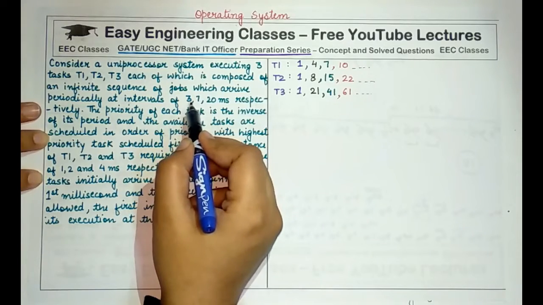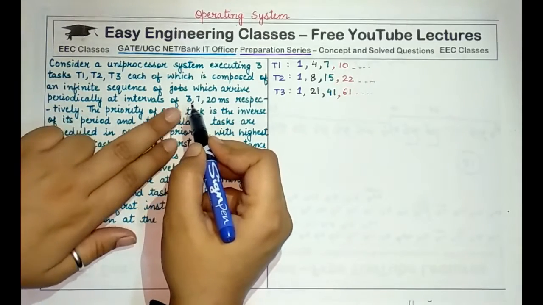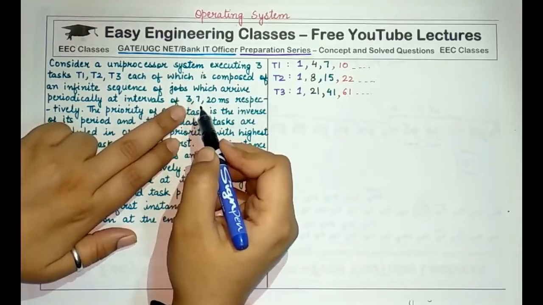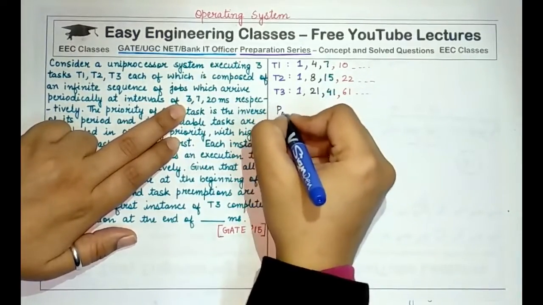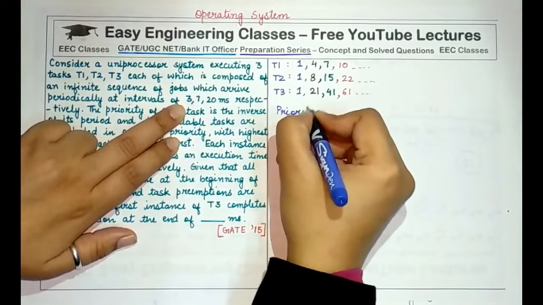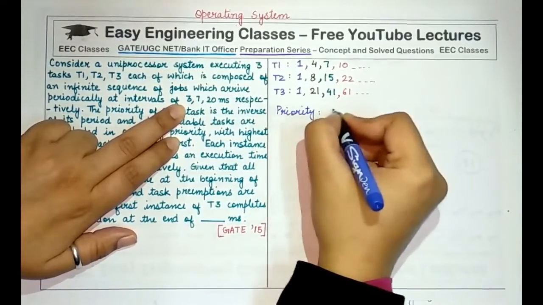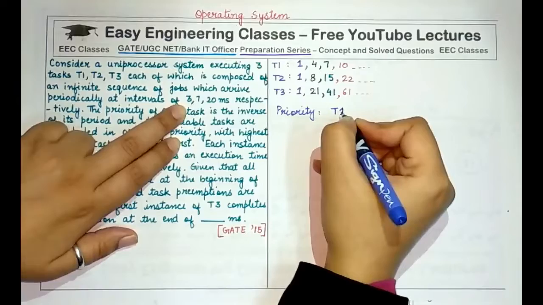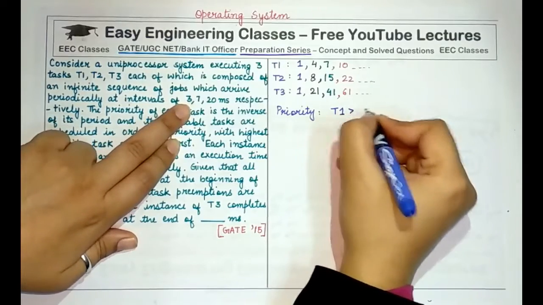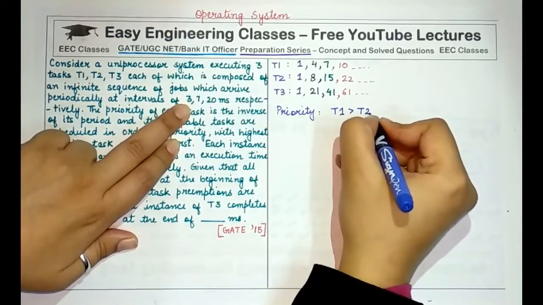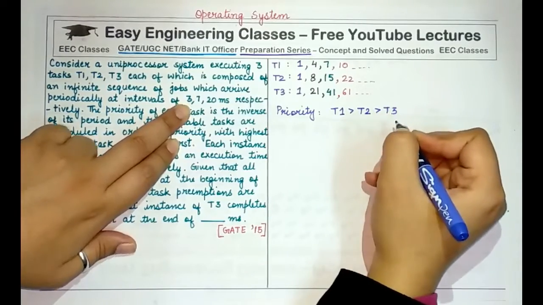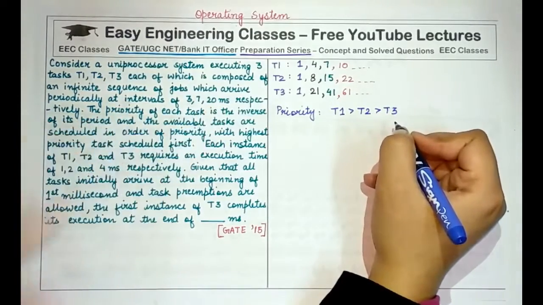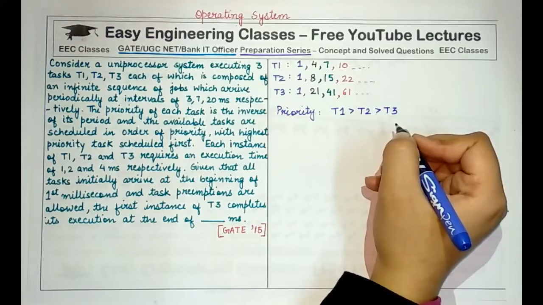So the lowest period is of T1, so T1 would have the highest priority. Let me write down here in terms of priority. T1 would have the highest priority because it has the lowest period. Then the second highest priority will be of T2, and then T3 would have the lowest priority because it has the maximum period.